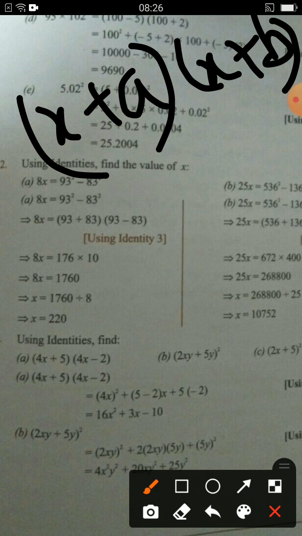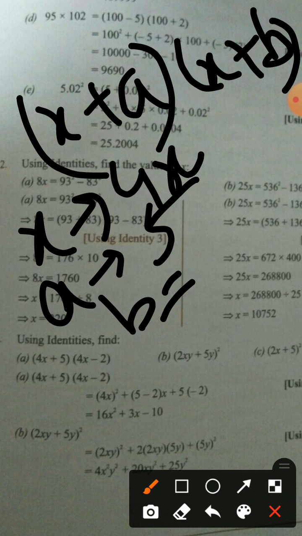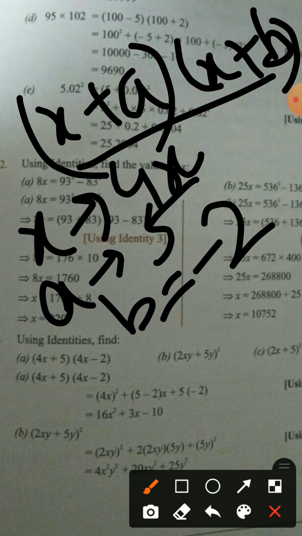On comparing, you will get the x here is 4x, a here is 5, and b here is minus 2. You just have to simply write the complete identity of x plus a multiplied by x plus b, and put the value of x as 4x, the value of a equal to 5, and the value of b equal to minus 2. Nothing else.